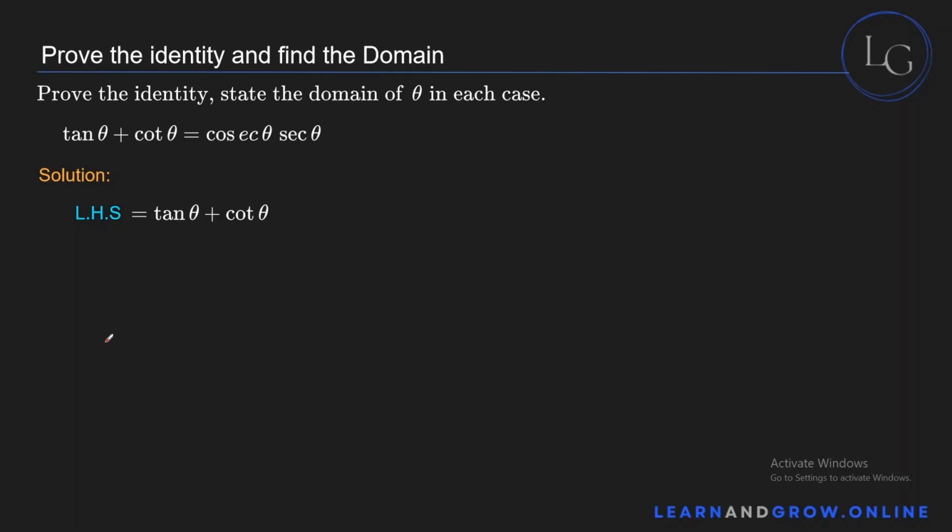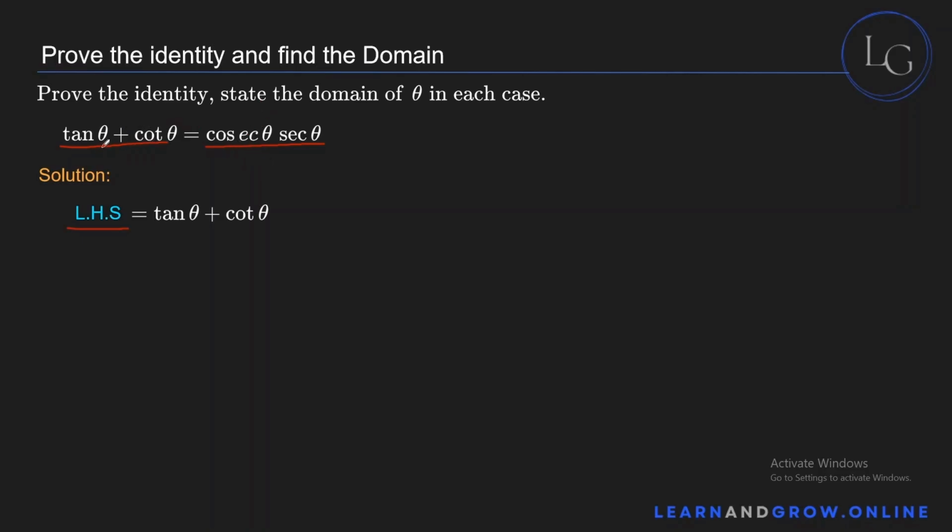Now to prove that the left hand side is equal to the right hand side, you basically just take one side and use the identities that you learned before to convert one of the sides to the other side. So we're taking the left hand side over here. Usually, again, you take the side that has the most amount of functions being added up.